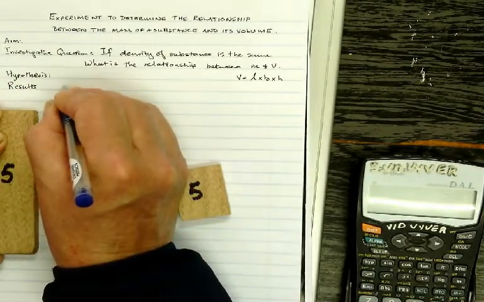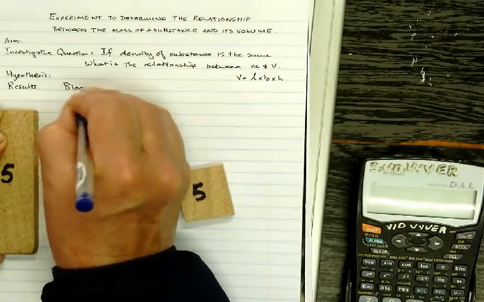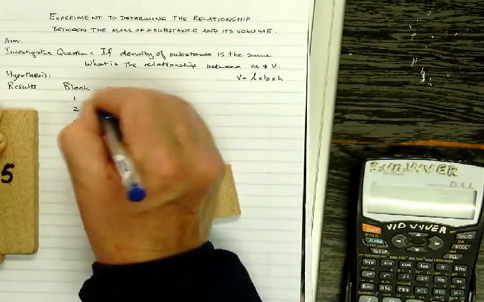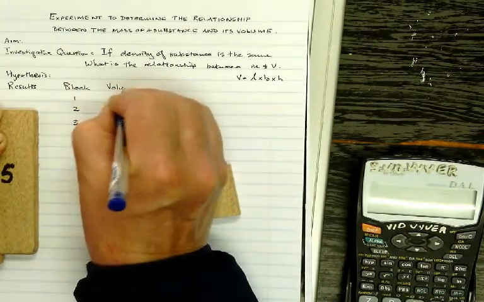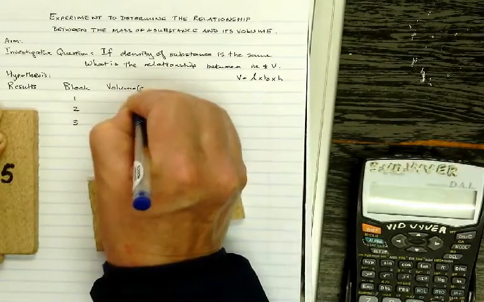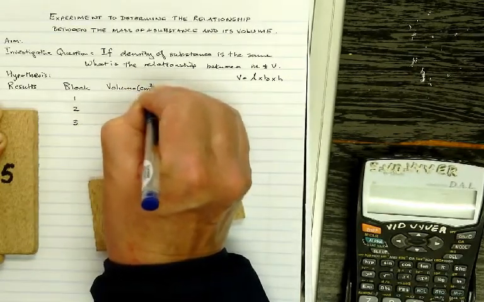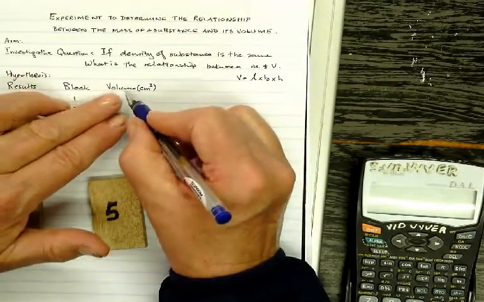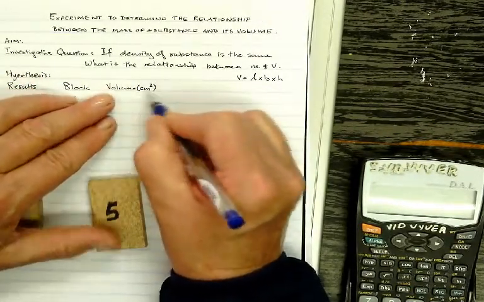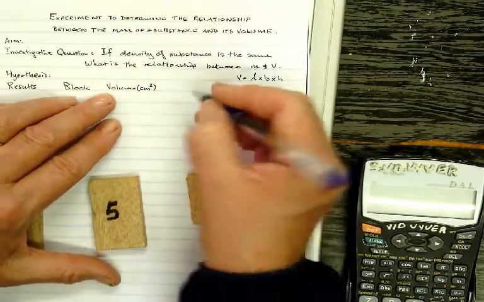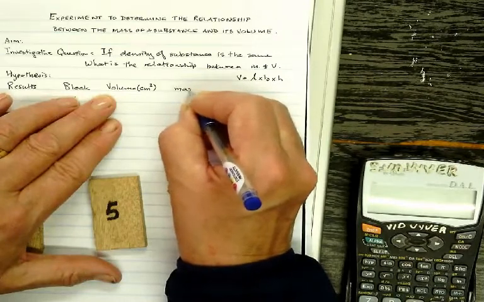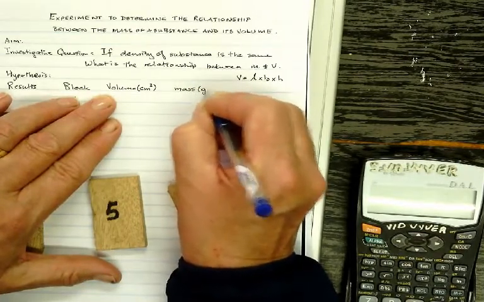We would have a column for the block, I've got 3 blocks here, its volume in cubic centimeters. In your table of results, the measured quantity's unit must appear in the heading of the column, and the mass, which was measured in grams.